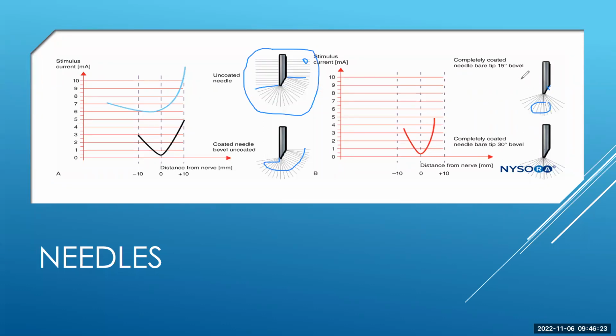A 15-degree needle versus a 30-degree needle is less sharp, a bluntness if you will, and that gives us some security and decreases the incidence of actually piercing a nerve because our needle isn't quite as sharp.